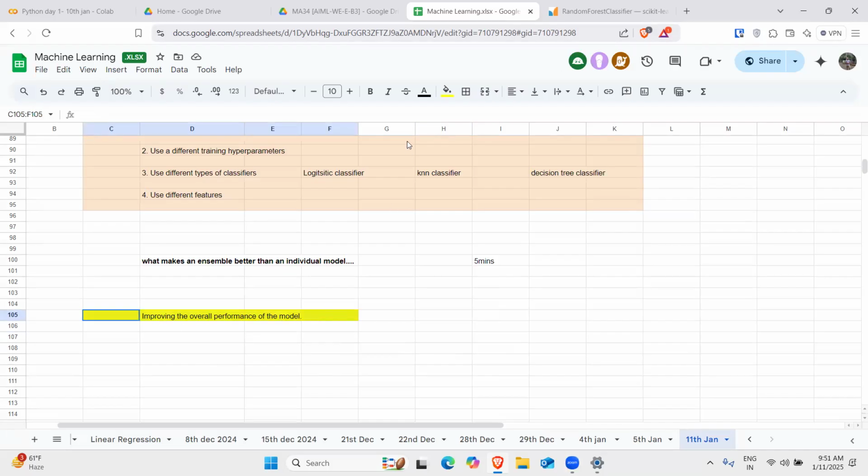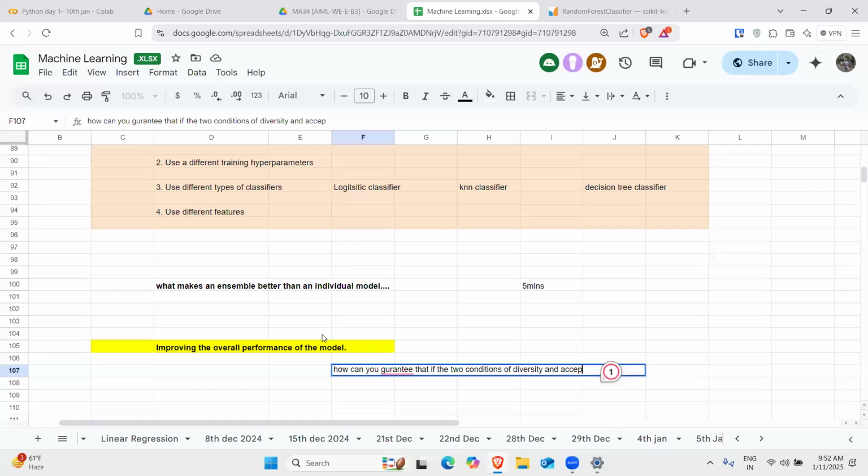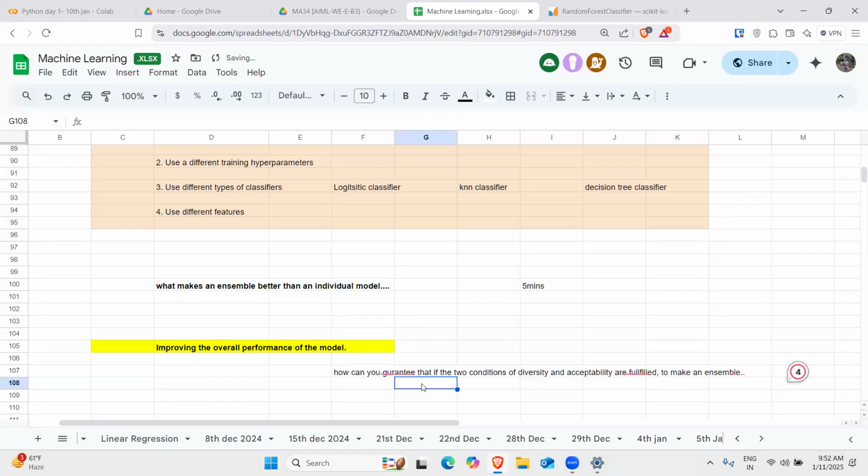First of all, let's take this question: how can you guarantee that if the two conditions of diversity and acceptability are fulfilled to make an ensemble, it will be better than an individual model or not? How can you guarantee this?